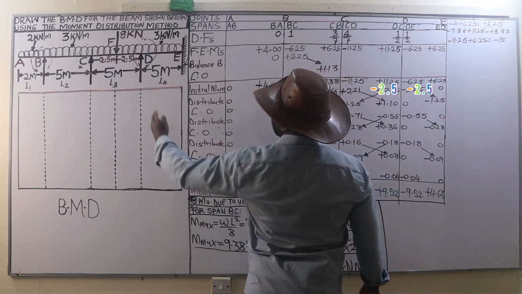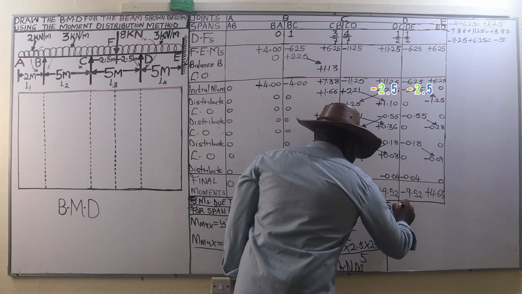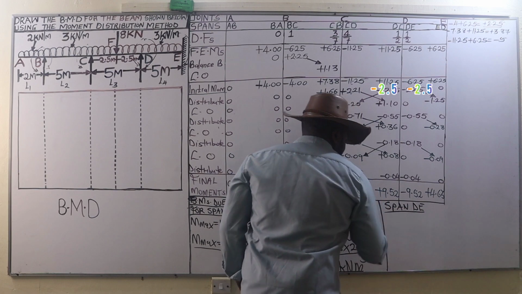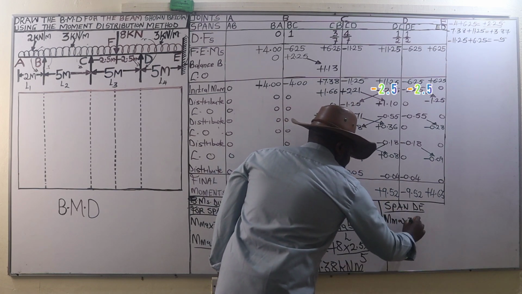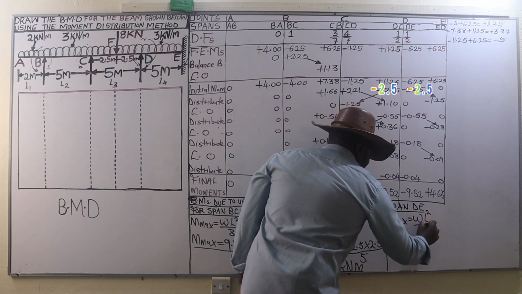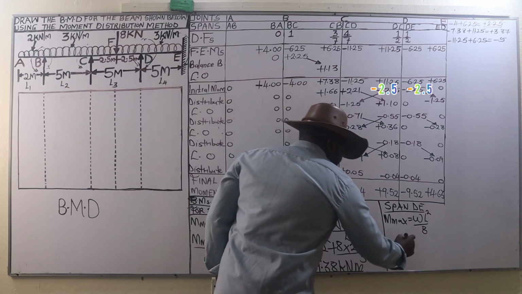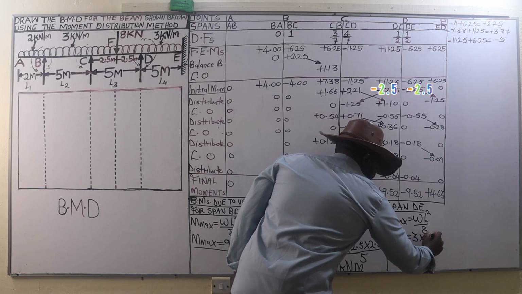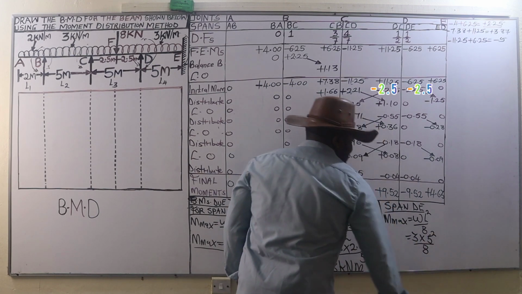Then the final span is the span DE. For span D to E, the maximum bending moment will be given by WL squared divided by 8, since it is loaded with the UDL, and this will be 3, the UDL, multiplied by the span 5 squared, and then we divide that by 8.